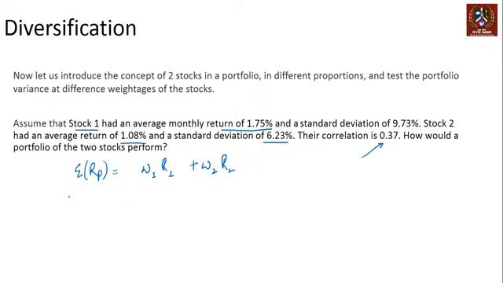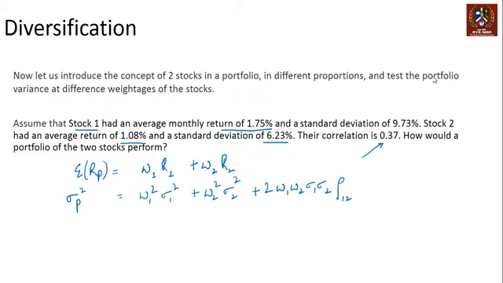Now, variance of the portfolio, sigma p square, is given by weight of 1 square, sigma of 1 square, plus weight of 2 square, sigma of 2 square, plus 2 into weight of 1, weight of 2, sigma of 1, sigma of 2, and correlation between 1 and 2, right? So we have all the values with us. We can try and calculate this and try and understand what happens to this portfolio.